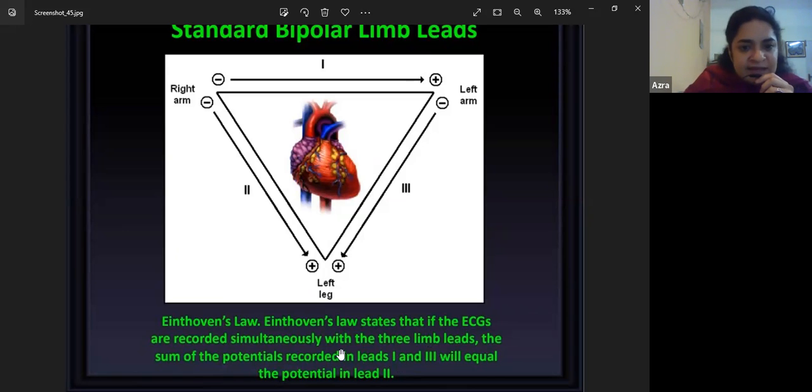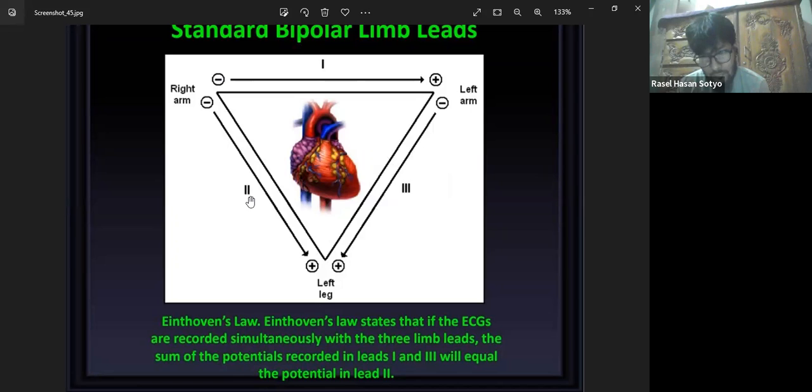It means this scientist said that when you record the 3 leads 1, 2, and 3, then the sum of potential recorded in 1 and 3, this one with its negative and positive, and this one with its negative and positive, is equal to the potential of 2.